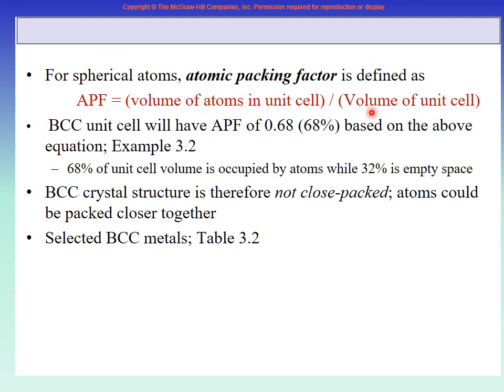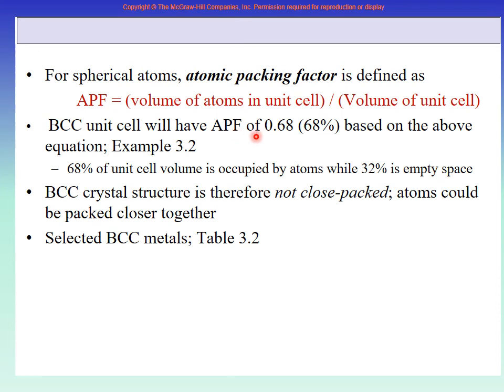And what is the volume of the total unit cell? It is a cube, and each side is A. So what is the volume? Yes, you are totally right, A cubed. So this is the volume of the unit cell, A cubed, and the volume of the atoms is 2 times the volume of a sphere, right? So this is how you do it.